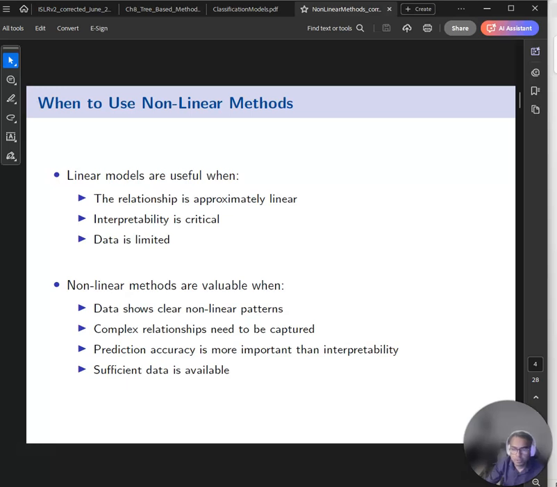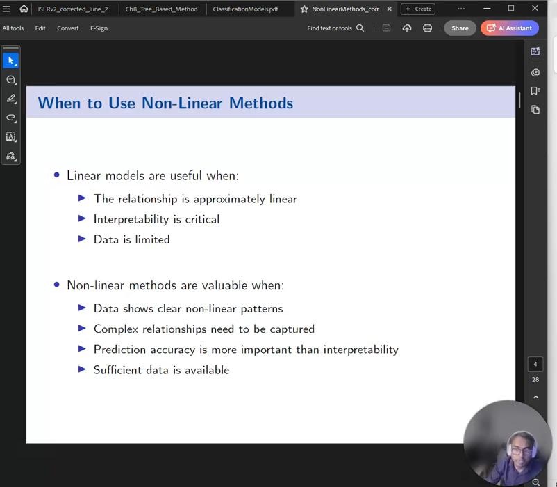So when should we consider using nonlinear methods instead of sticking to the linear ones? That is an important practical question. Linear models continue to be incredibly useful when three conditions are met. First, when the relationship between our variables is approximately linear.